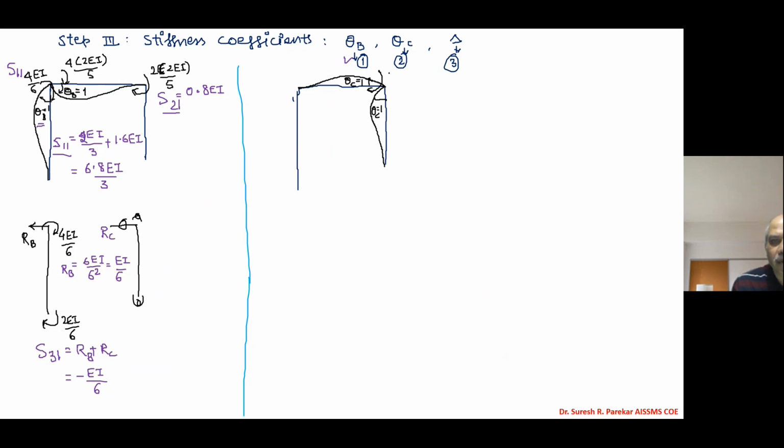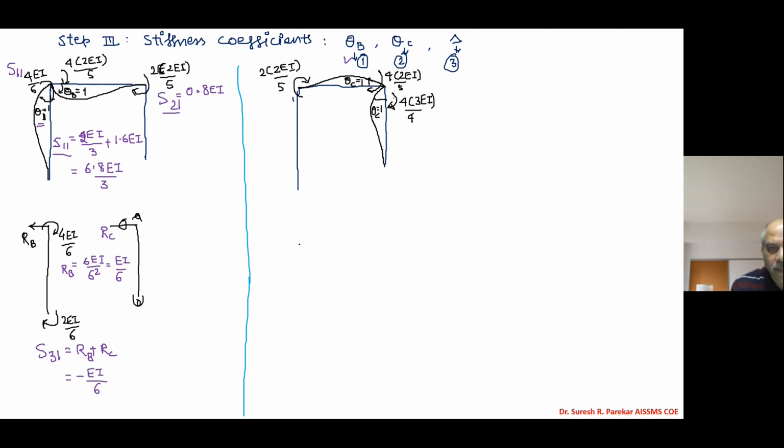So we have 4 in bracket 2 EI by 5. And here we have 4 in bracket, now here we have 3 EI by 4. And here we will get half of this, which is 2 in bracket 2 EI by 5.